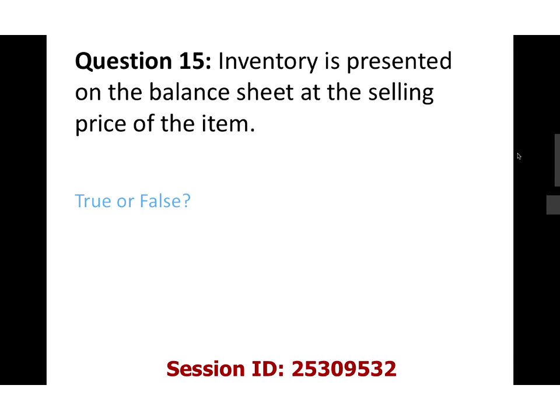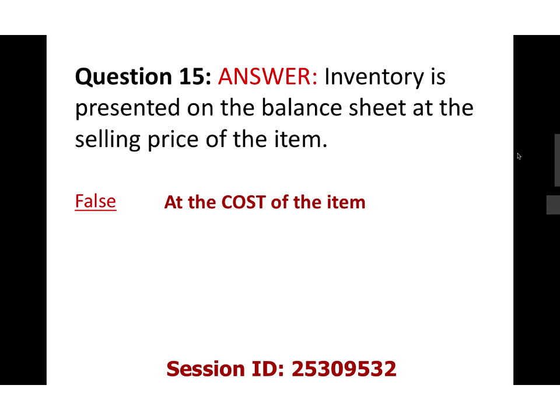When we're talking about inventory on the balance sheet, we actually present it at the cost, not our selling price. We do not value inventory at what we have it for sale at. We value it at our cost. So you're going to have a few more seconds to answer that. Okay, and that is false. That's at the cost of the item.